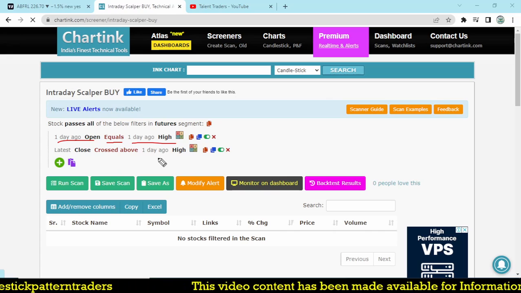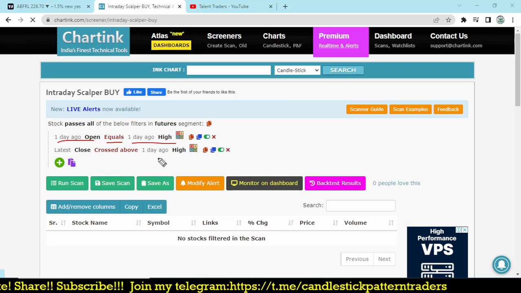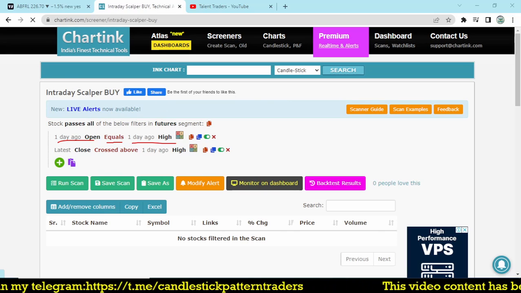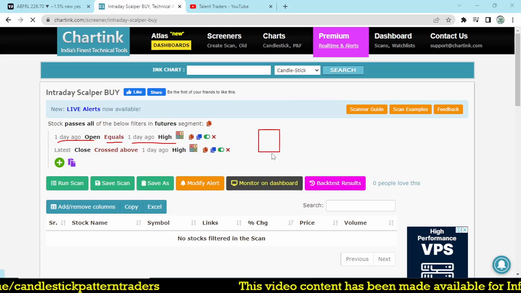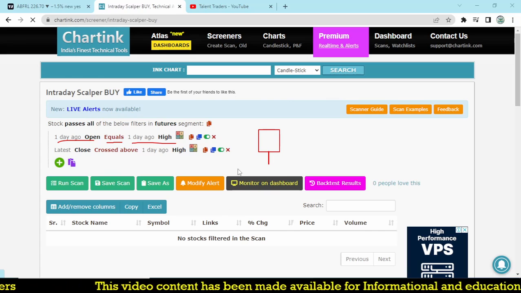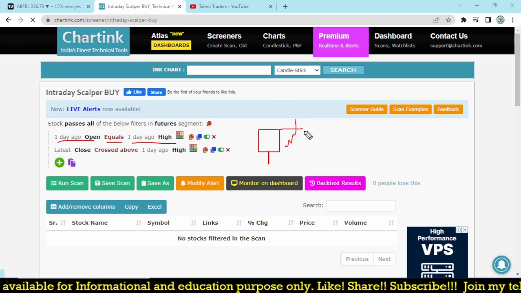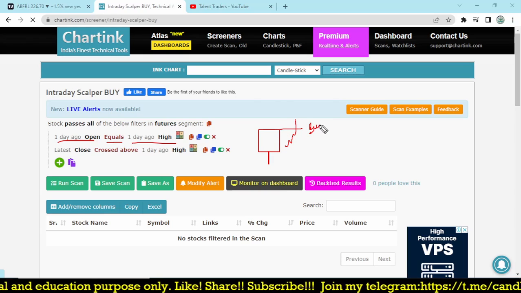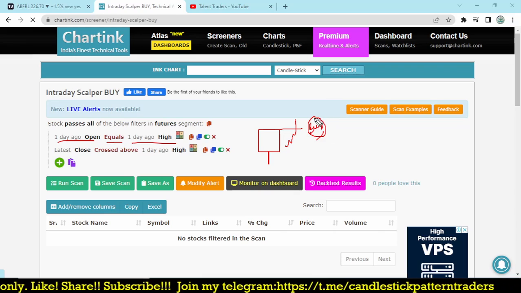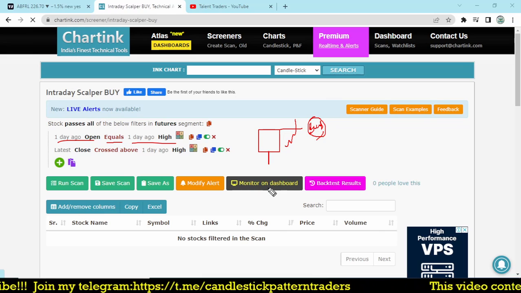And today if the stock crosses above yesterday's high, that is the main condition I'm using to find trading opportunities. So yesterday should be the open high candle and it may have fallen down somewhere, and today if the stock is crossing above the previous day high, we try for a buy opportunity. Those are the conditions I used in that particular scanner.